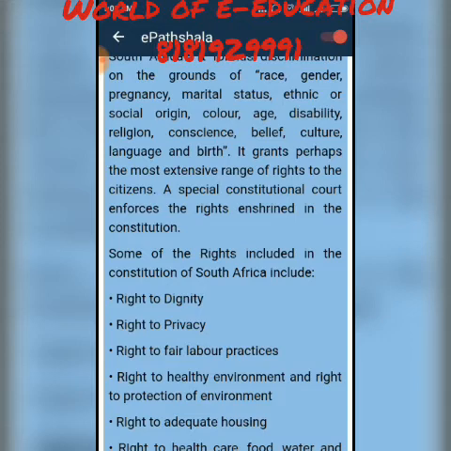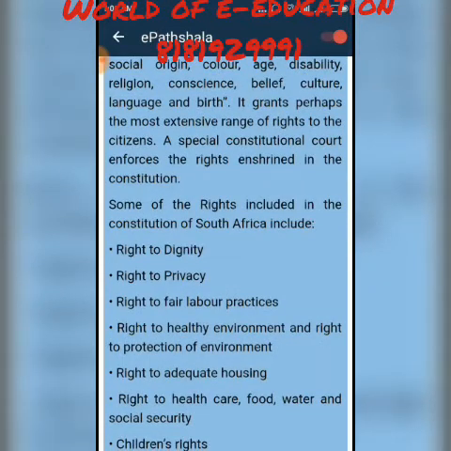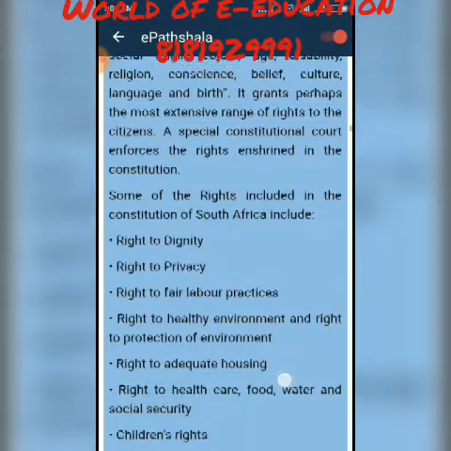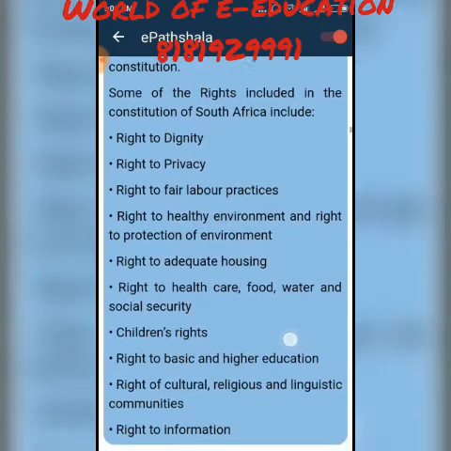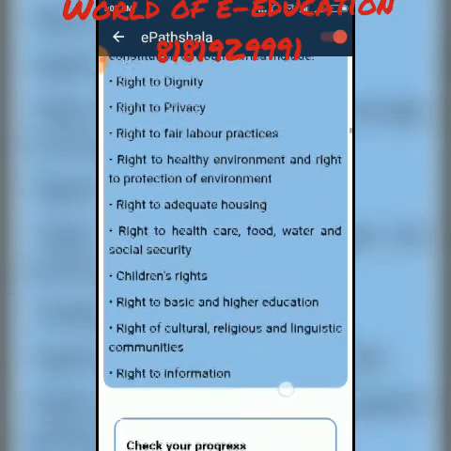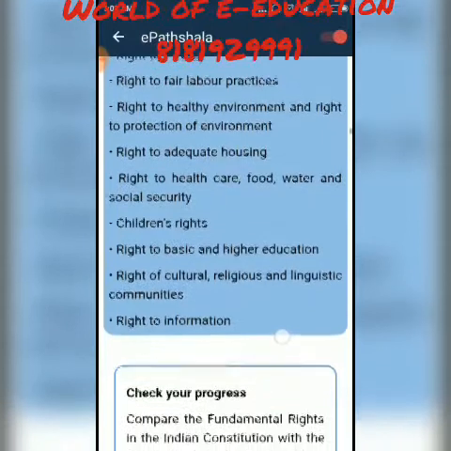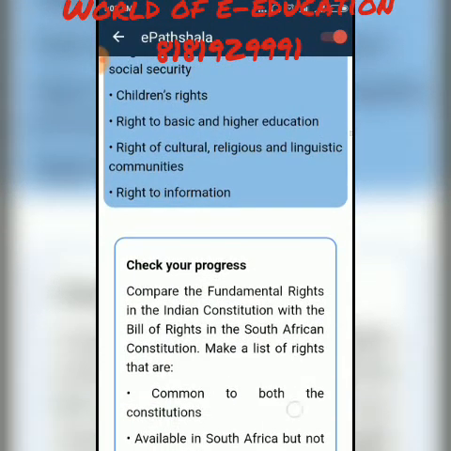Some of the rights included in the Constitution of South Africa include right to dignity, right to privacy, right to fair labor practices, right to healthy environment and right to protection of environment, right to adequate housing, right to health care, food, water and social security, children's rights, right to basic and higher education, right of cultural, religious and linguistic communities, right to information.